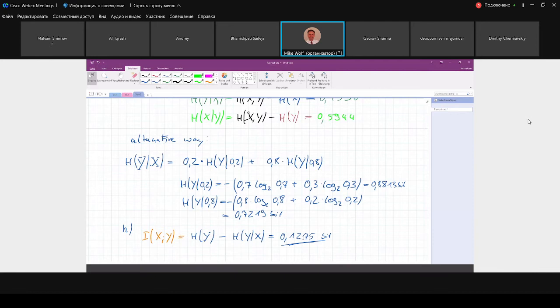Nowadays, there are coding schemes called forward error correction, which are close to this Shannon limit, at least for binary transmission. For multi-level transmission, it's much more difficult.